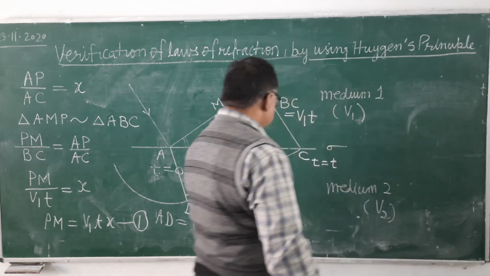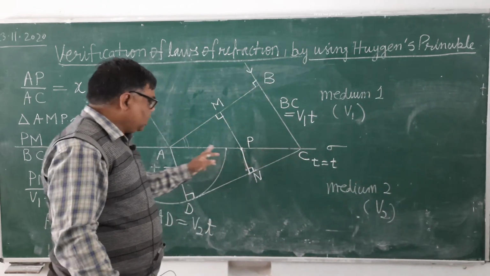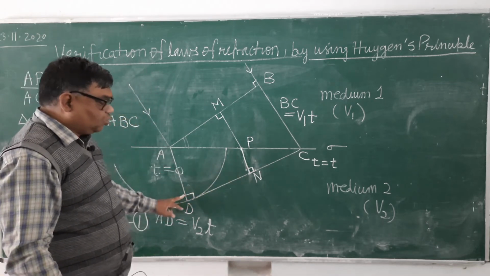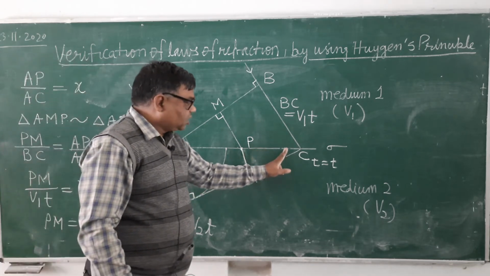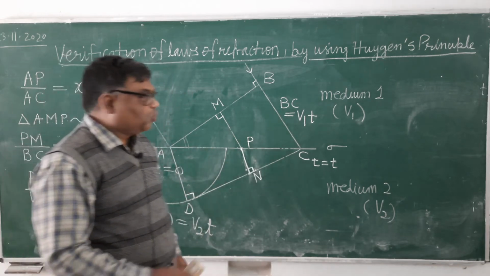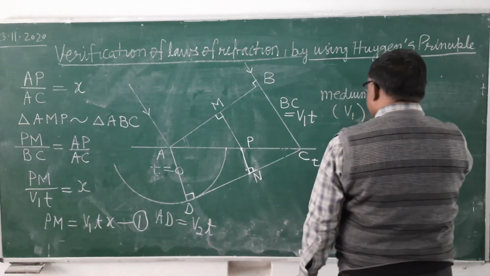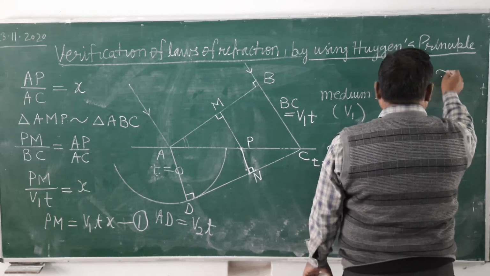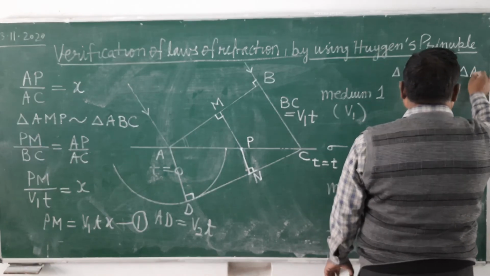You can see triangle PNC and triangle ADC are similar. Why? This angle is equal to this angle and this angle is common. Is it clear? Therefore, both the triangles will be similar. So triangle PNC is similar to triangle ADC.